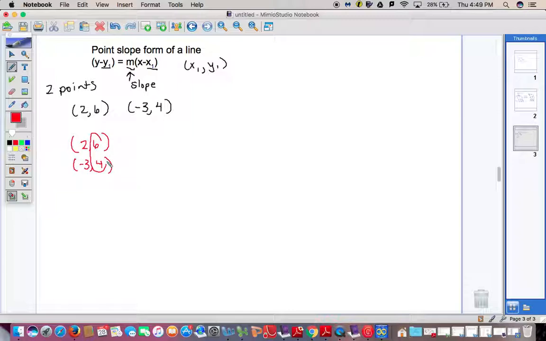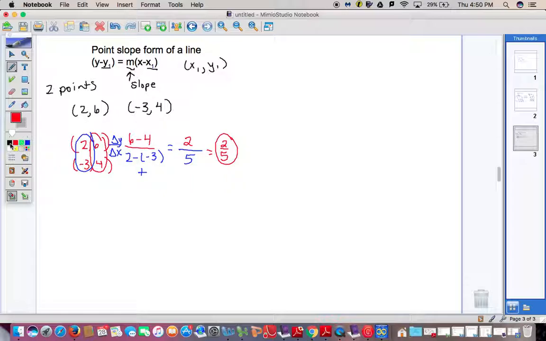So when I do that, I have 6 minus 4 divided by 2 minus a negative 3, because we have our change in y over our change in x. So what does this equal? 2 minus a negative is going to be a big old positive, so 2 plus 3 is 5, and 6 minus 4 is 2, so my slope is going to be 2/5. This is what I'm going to be substituting in for my m.